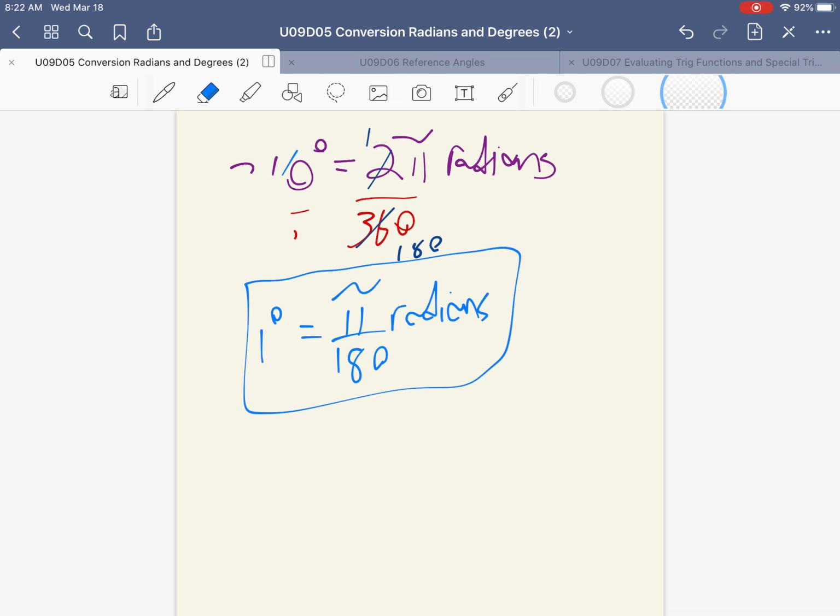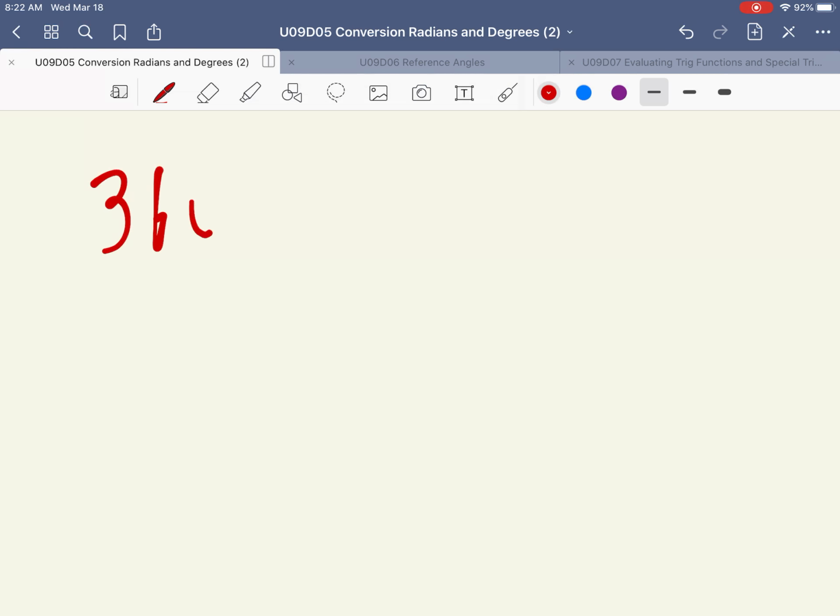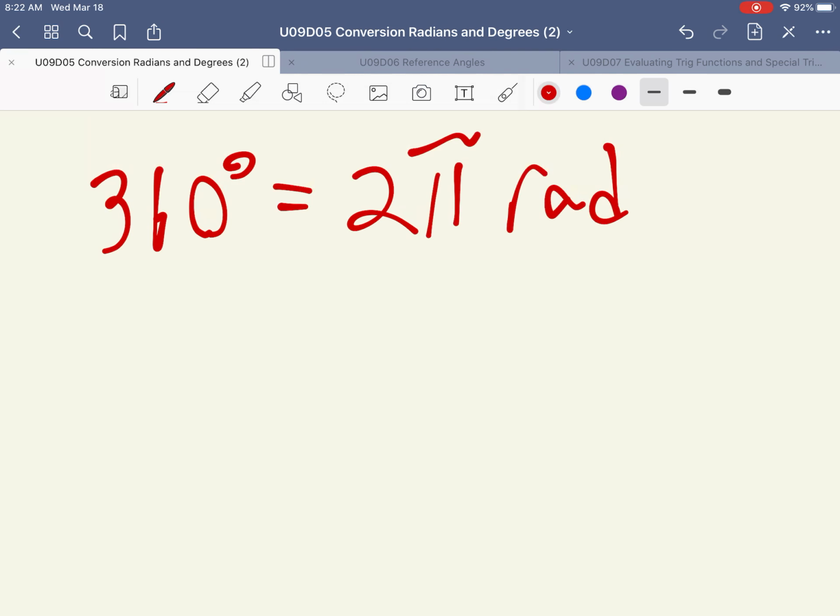So I'm going to start the same way. So we know that 360 degrees is equal to 2 pi radians. So I want to know what 1 radian is. So before, to get 1 degree, I had divided by 360. So now I'm going to divide by 2 pi.